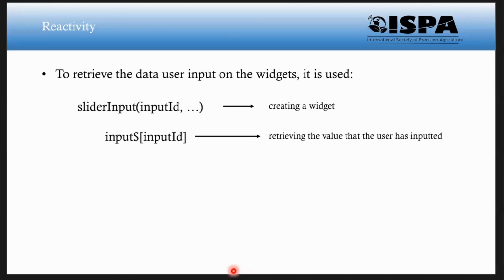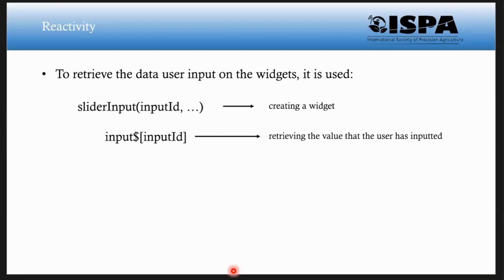So to retrieve the data the user inputs on the widget, we use this thing that is sliderInput. We open the bracket, and then we put an input ID. With this we're going to create a widget.